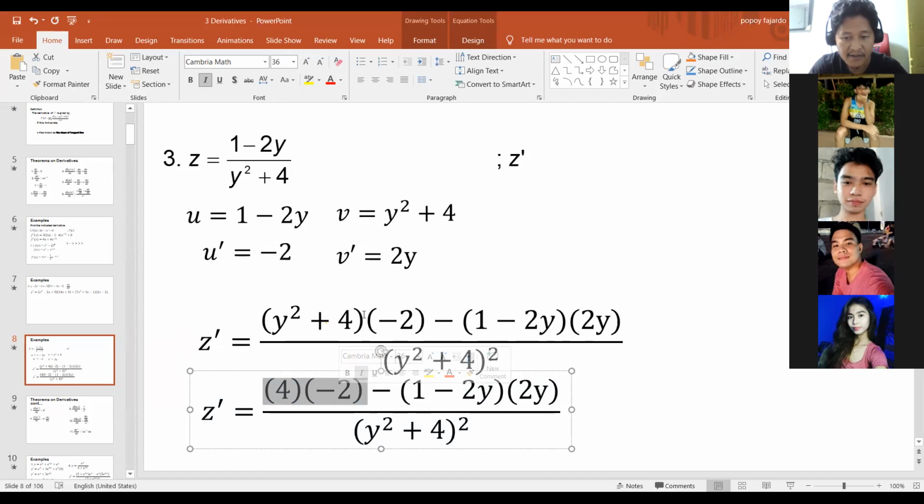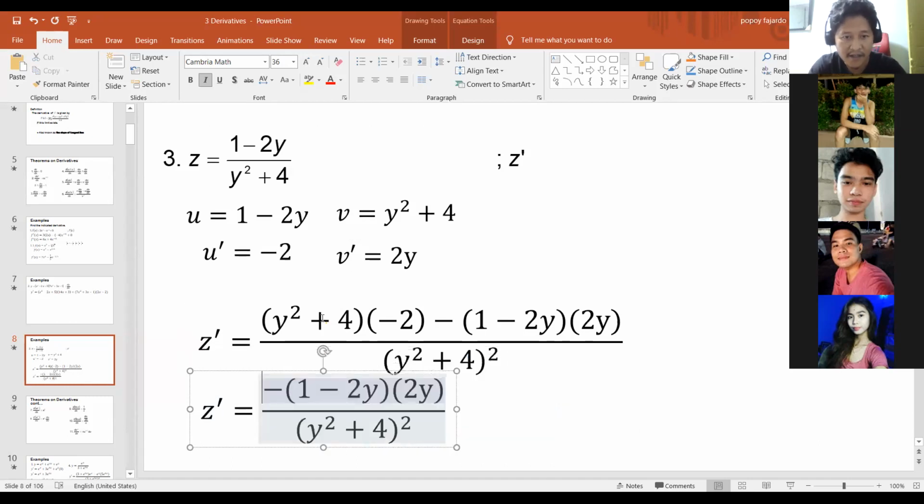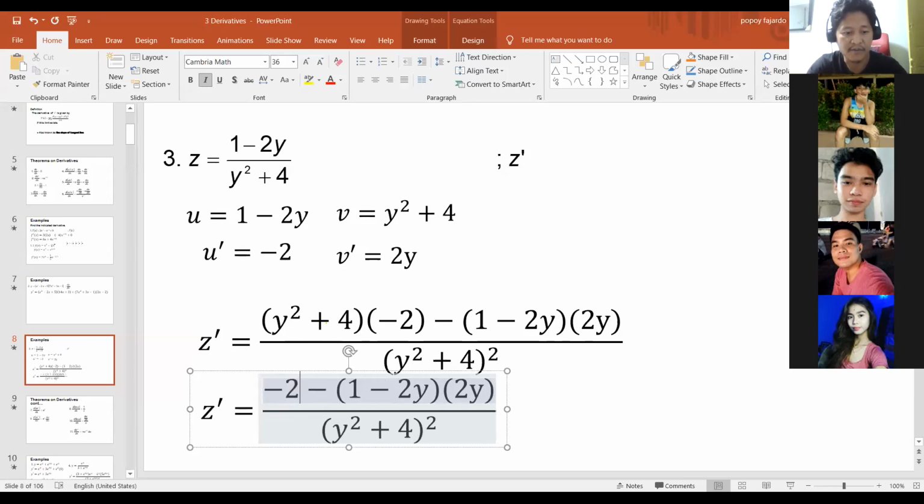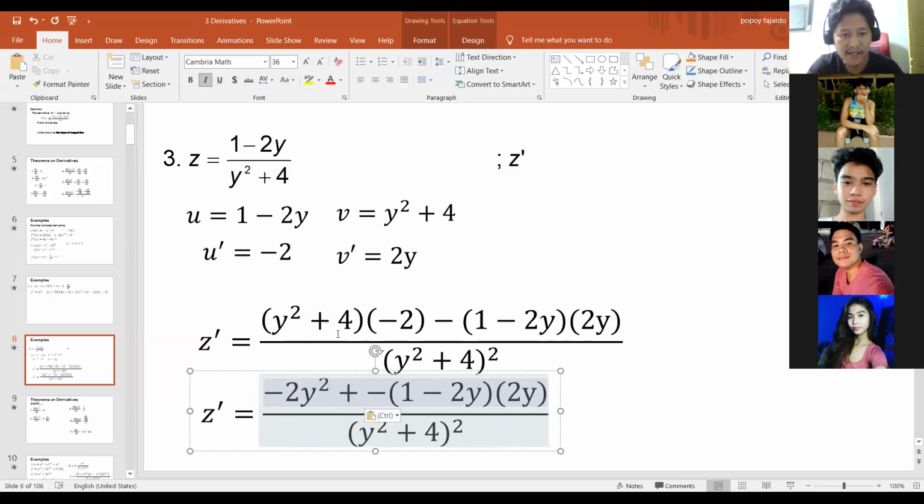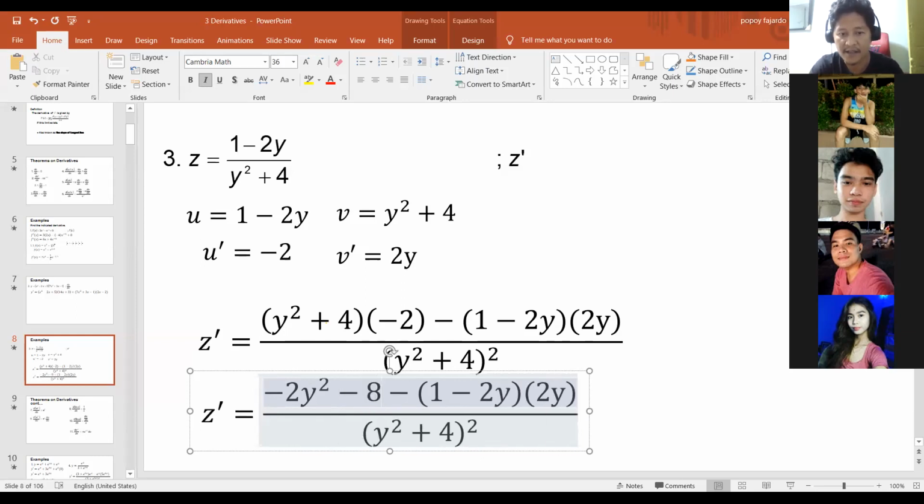I-multiply natin dito. Negative 2 times y squared, so that would be negative 2y squared. Plus, or that would be minus 8. Tama? Minus 8. Got it? Kasi 4 times negative 2, kaya nagkaroon tayo ng negative 8.